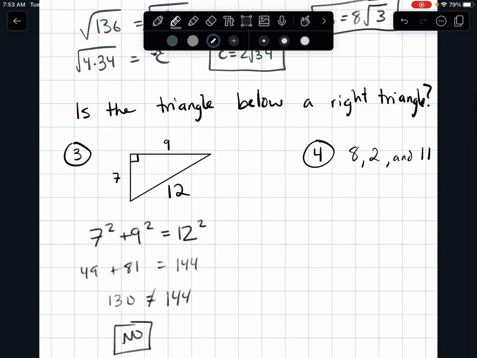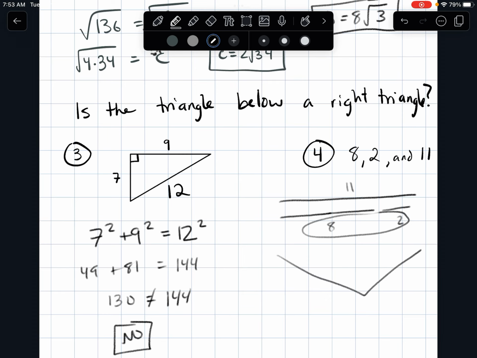All right, question number 4: 8, 2, and 11. Well, if I even think about a triangle like this, I know it would not even be possible to make a triangle, because if I have a side that's 11 units long, and sides that are 8 units and 2 units long, the 8 and the 2 are not long enough to connect and make a triangle.